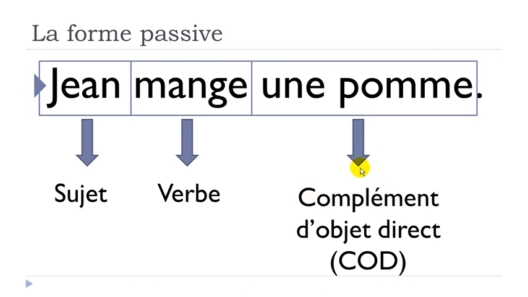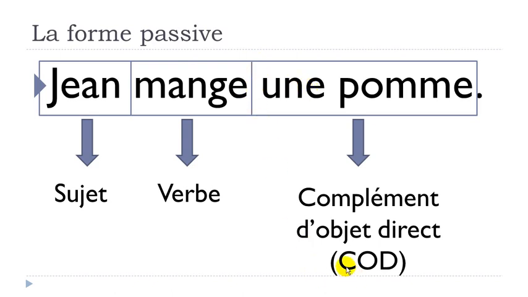Complément, just because it will complete the sentence, it will give more information. Then objet direct: objet, it's not because it's an apple, it could be a person, it's grammatically an object. And then direct, just because between your verb and this complément, you don't have any preposition.